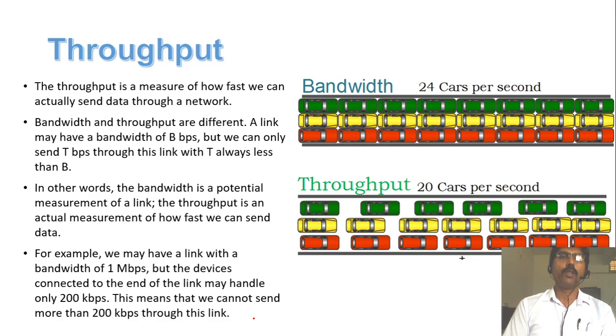The next one is called throughput. Throughput measures how fast we can actually send data through a network.